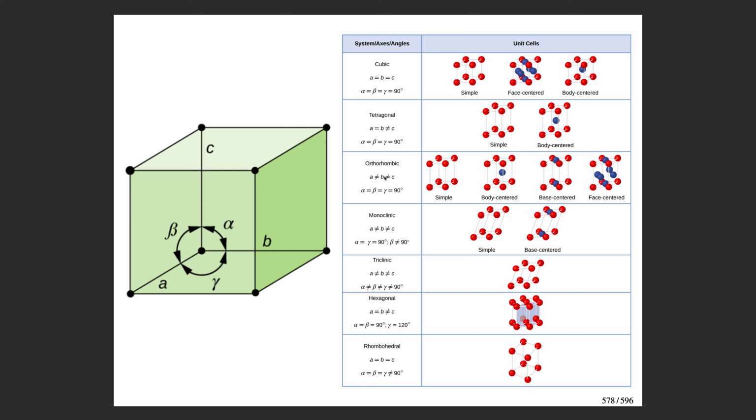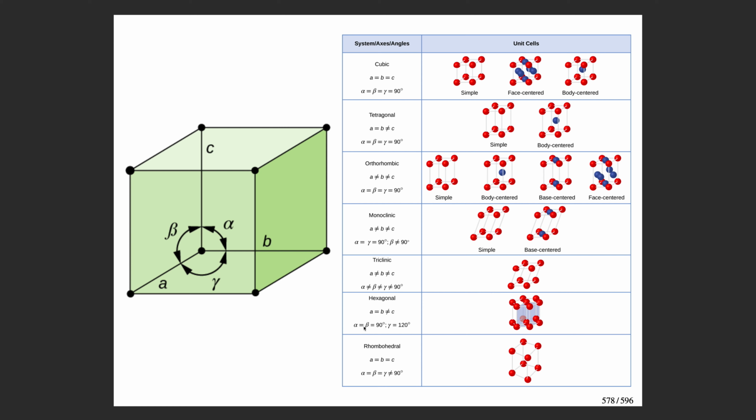If all 3 distances are different, then you'll have what's called the orthorhombic structure. If one of the angles is not 90 degrees, then you have these monoclinic structures. If none of them are 90 degrees, then you'll wind up with this triclinic structure.